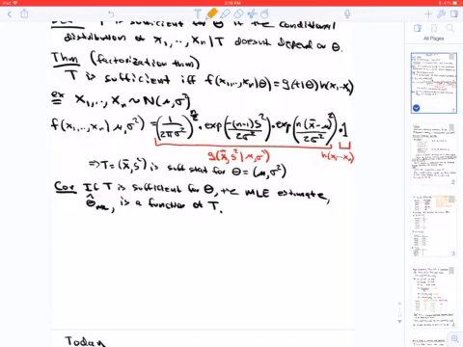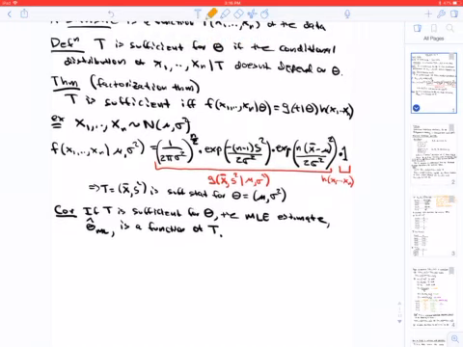And why is this useful? It's useful because if T is sufficient, then the MLE is a function of T. In other words, to find the MLE, you optimize the likelihood function, but to optimize the likelihood function, you only need to optimize your function G, because the H part doesn't depend on theta at all.